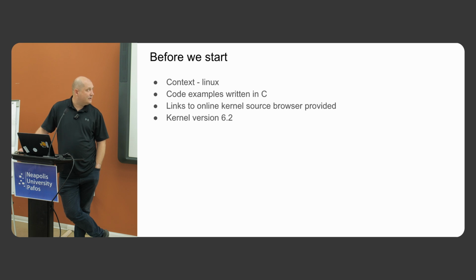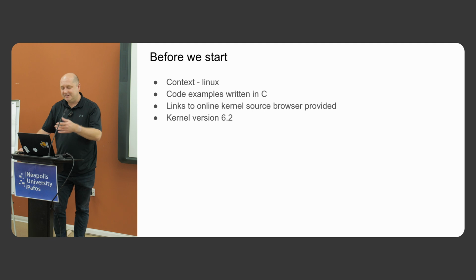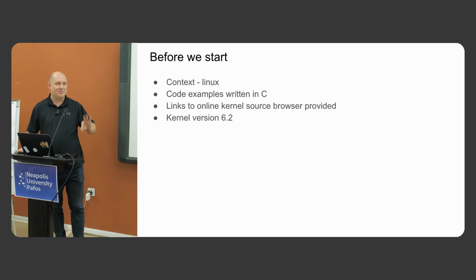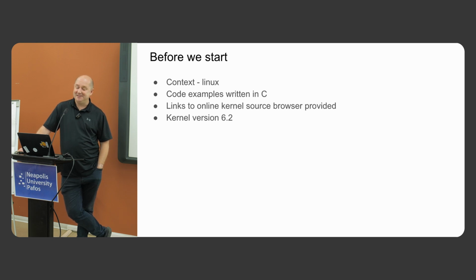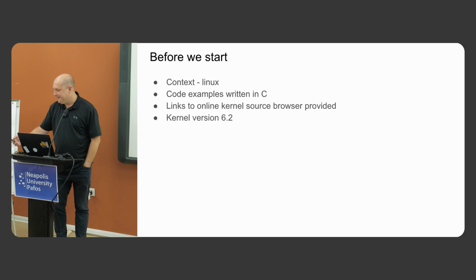I use kernel 6.2, because when updating my slides, which I made a couple of years ago, I figured out yesterday and today that many things have changed in the kernel. This is why I fixed the version.